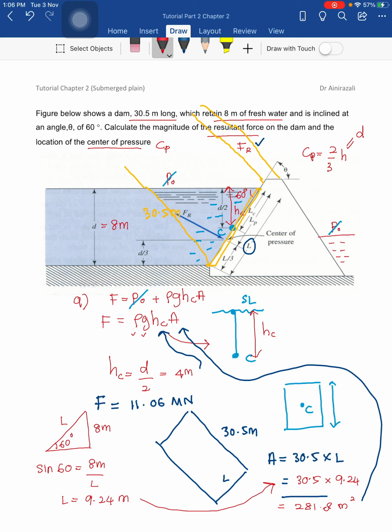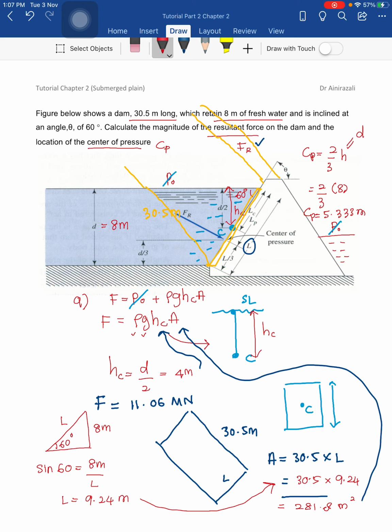So your CP is 2/3 multiplied by 8 meter, and you get 5.333 meter. That is your CP, vertically from the surface of the liquid.